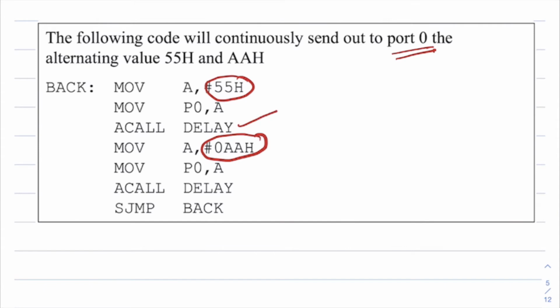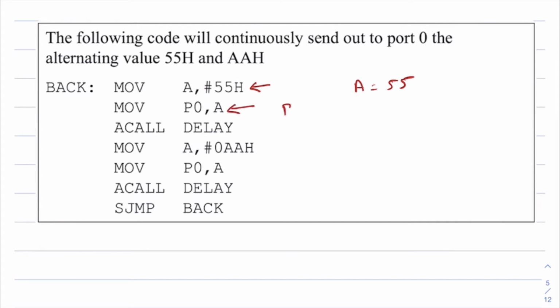So you can see how this program works. First we will move 55 to the accumulator, so A will be 55, and then we will take this 55 to the port in the next line. So here P0 will become 55, and we will call a delay.